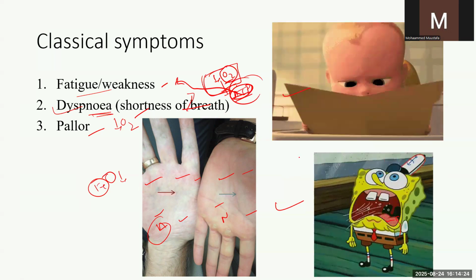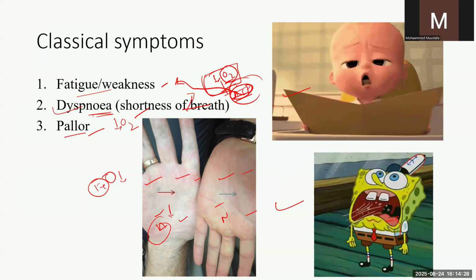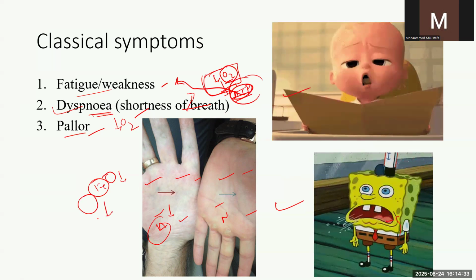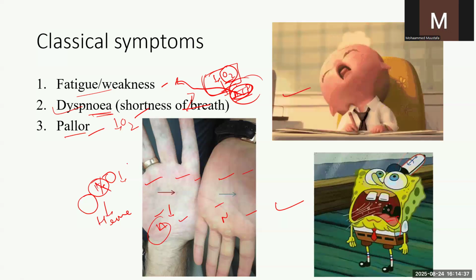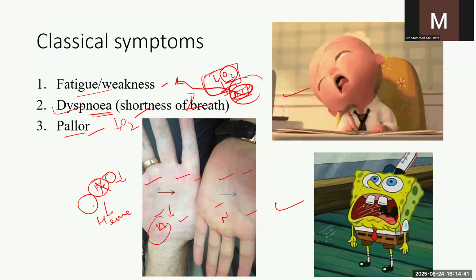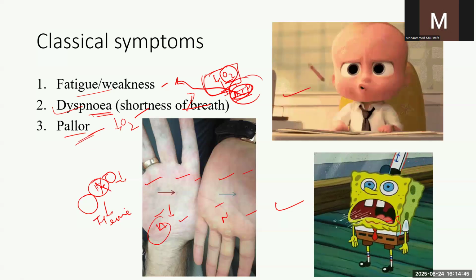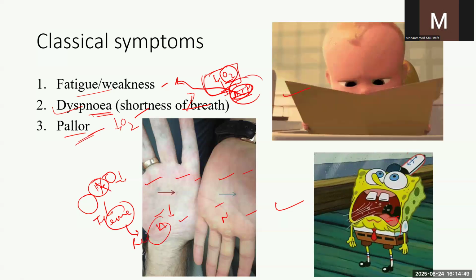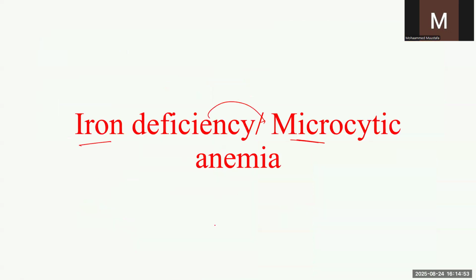This is how they are located. And why pallor? Why is there a decrease in the red color? That is because of loss of attachment of the heme group with the iron, because there is iron deficiency in our body. So there is no iron to bind with oxygen as well as the heme group, hence we say there is pallor. Heme is the molecule which gives the red color to the blood.